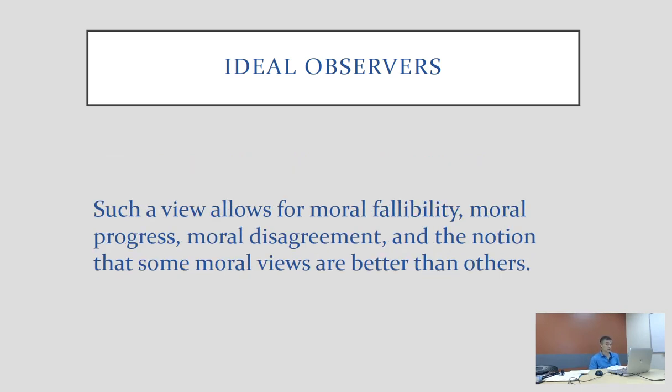To name a few we were just talking about, it allows for moral fallibility, moral progress, moral disagreement, and the notion that some moral views are better than others. That's quite an improvement. You need to check this out on pages 304 and 305, where your author explains how the ideal observer position allows these improvements. So do have a look at those pages.